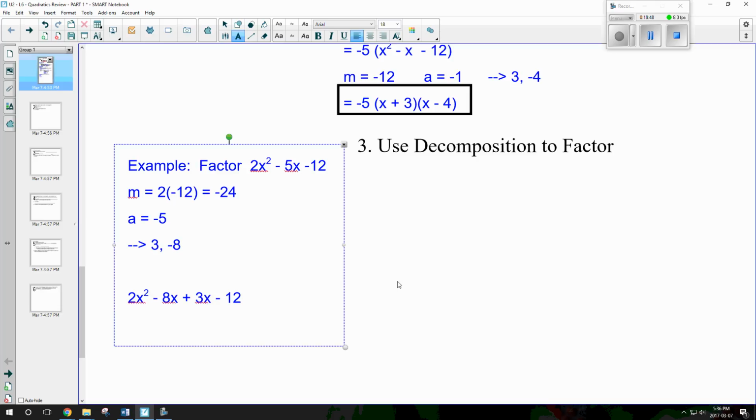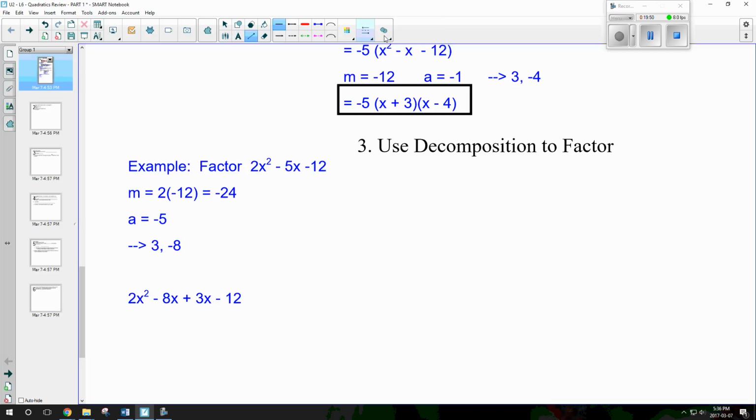Now then, remember, at this point, this is where we break our equation in half and do some common factoring between our two terms. So now that we've broken up our equation into two different pieces, let's common factor out of each piece. We look at our first piece here, and we have to find the greatest common factor out of 2x squared minus 8x.